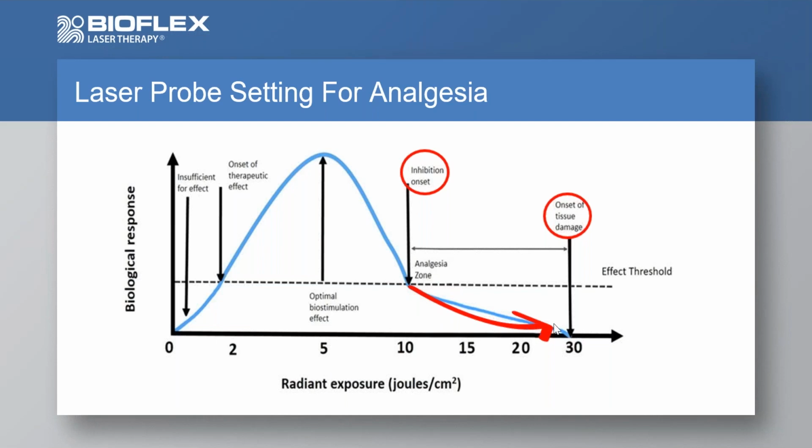Any more than that, you start to get heat production, and that can cause damage. So if you want to create analgesia, you need a much higher dosage than the 2 to 5 joules per centimeter squared you'd associate with photobiomodulation.